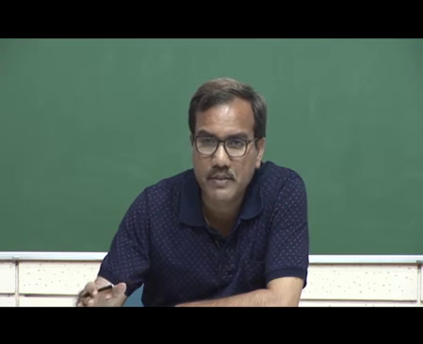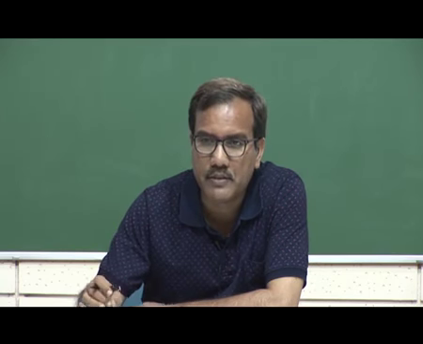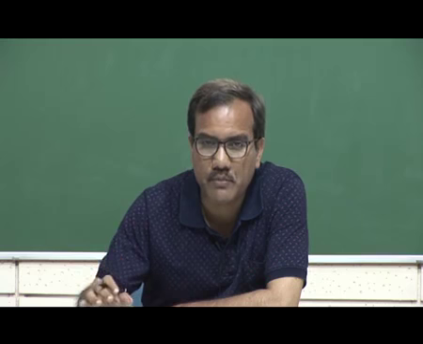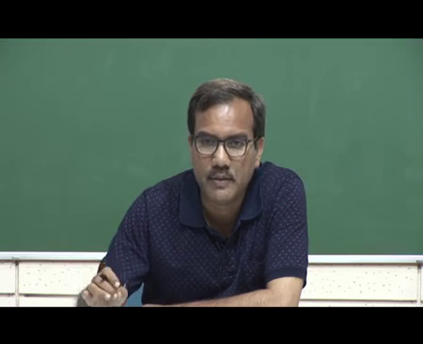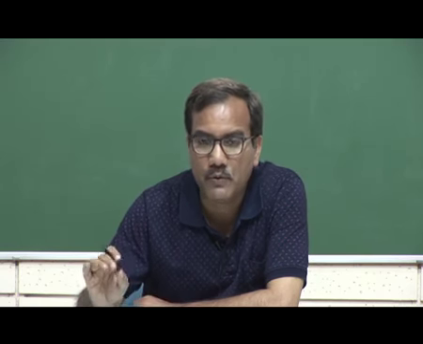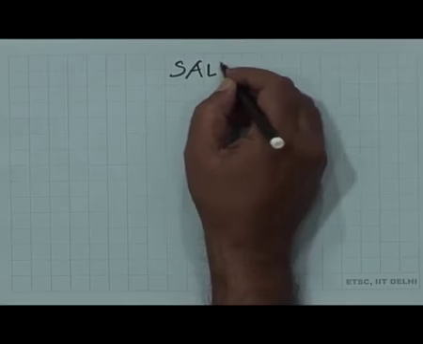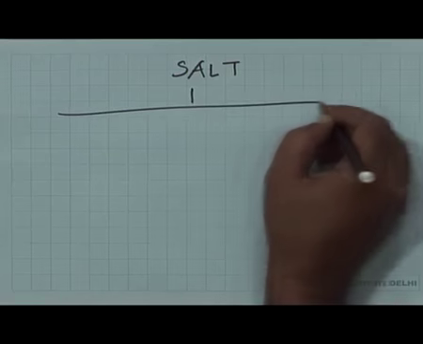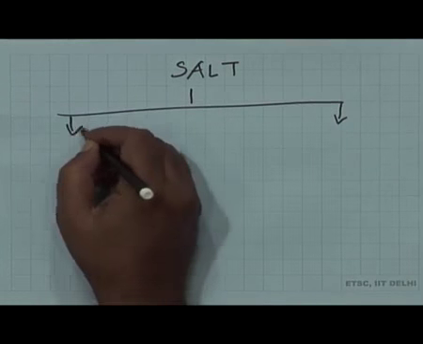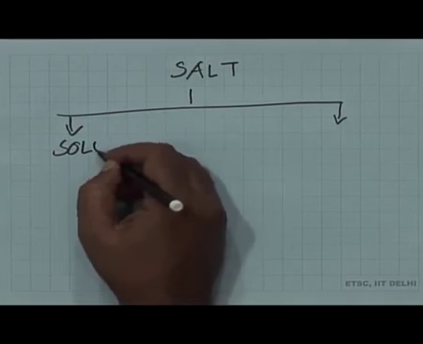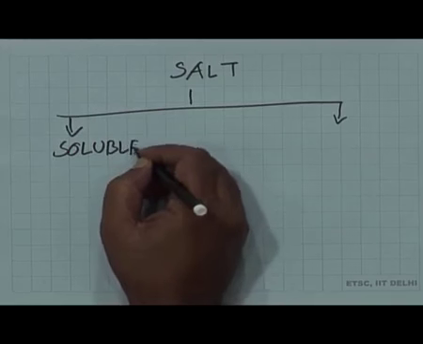So, we have discussed strong acid, strong base, soluble salt, weak acid, weak base. Now, we will go for salt. Again, I told you that salt can be of two types, soluble and insoluble, or we can say sparingly soluble.